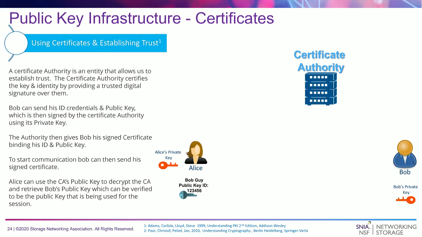They build out this certificate with a bunch of information that ends up being signed with their private key. So in the certificate they give me, they load Bob here, his public key, and they sign it with their private key.